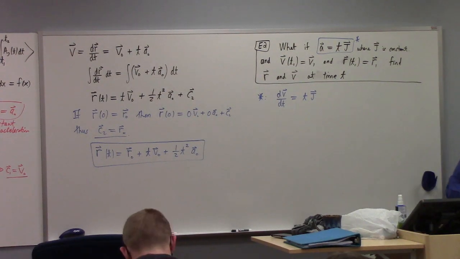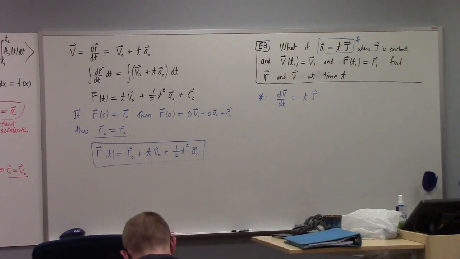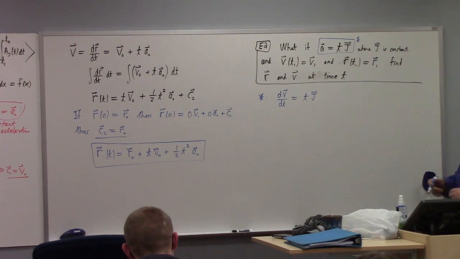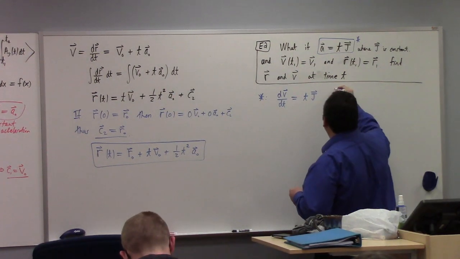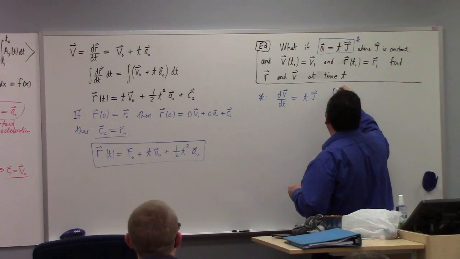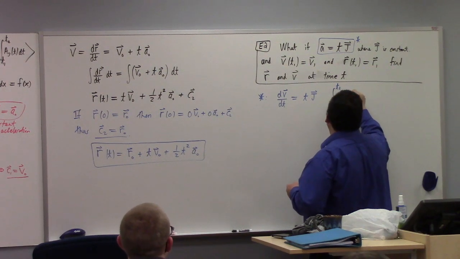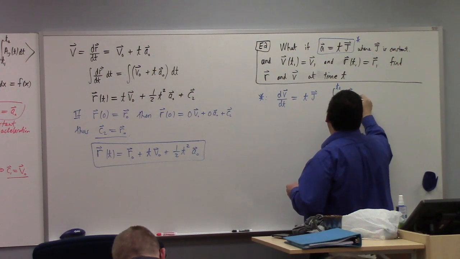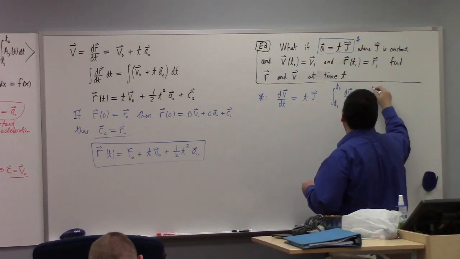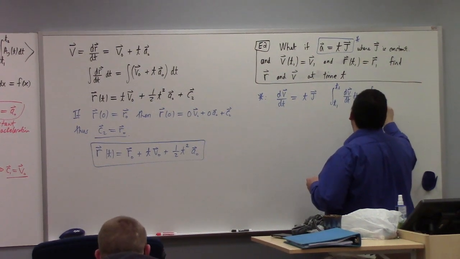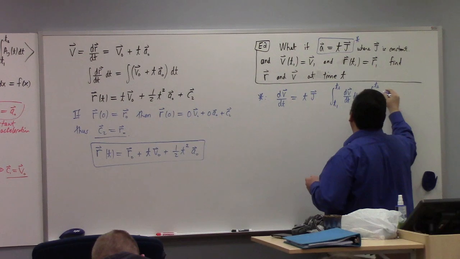So my first move is to integrate this, but this time I'm going to do a definite integral. I'm going to integrate dv/dt from t1 to t2, and that's going to be equal to the integral from t1 to t2 of t times j vector dt.